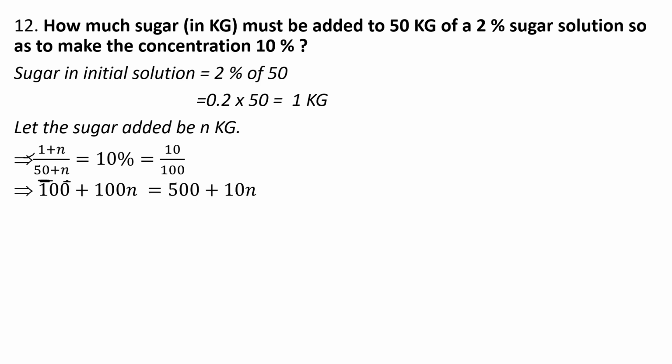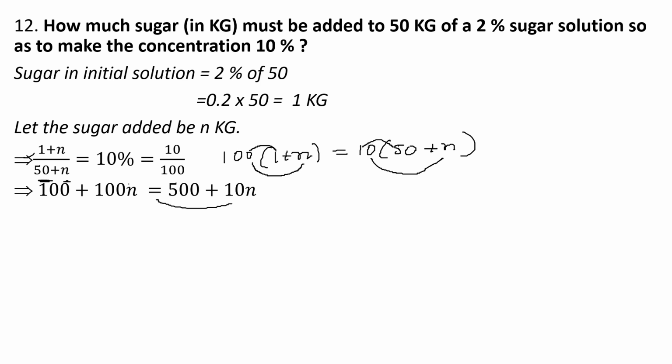Upon cross multiplication, we get 100 into (1 plus n) is equal to 10 into (50 plus n). So this will be 100 into 1, 100, then 100 into n, 100n, 10 into 50, 500, 10 into n, 10n. Then bring the numbers together. Bring 10n this side, so this will become minus 10n. 100 this side becomes minus 100.